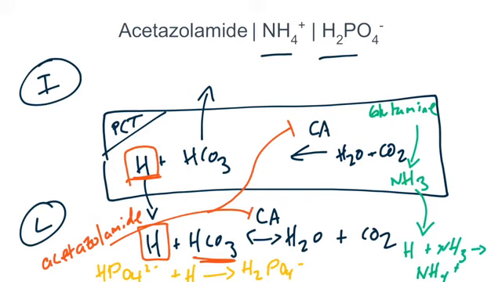So you can see that in the presence of acetazolamide, the luminal hydrogen concentration decreases, which results in decreased concentrations of dihydrogen phosphate and ammonium within the lumen of the nephron. Because the bicarb can't be reabsorbed and the acid can't be secreted, acetazolamide induces a metabolic acidosis.